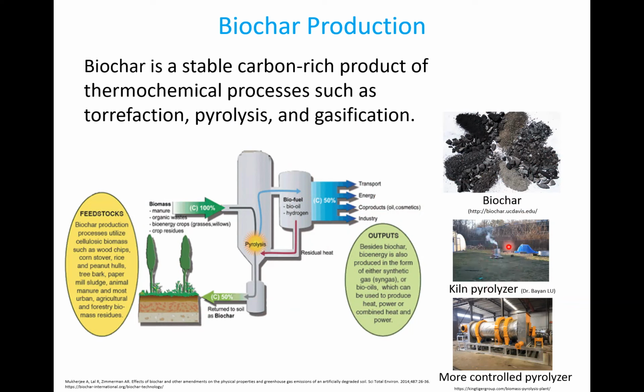This can be a very simple system used only for biochar, because in this system you can't get the bio-oil or other products like hydrogen and syngas. They are mainly vented outside the system here. I'm going to introduce this system in more detail a little later.